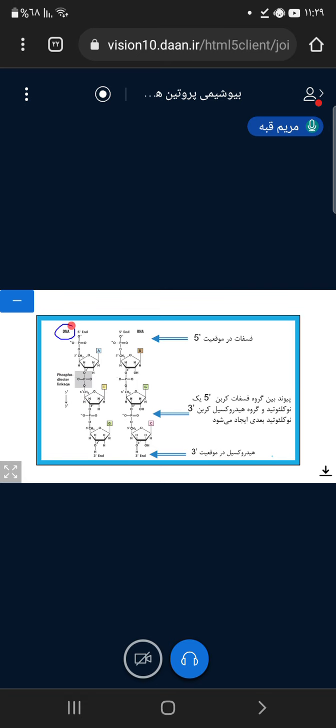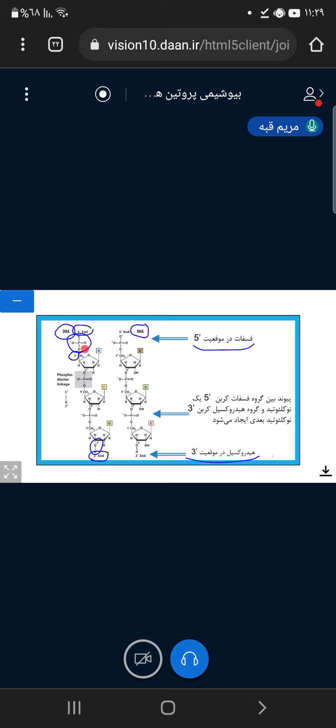در DNA و RNA همیشه یک سمت فسفات هست که در 5 پرایم قرار میگیره، پس میشه 5 پرایم اند، و یک سمت هیدروکسیل هست که به 3 پرایم وصله، پس این میشه 3 پرایم اند. پس همیشه هیدروکسیل در موقعیت 3 پرایم داریم در یک انتها و فسفات داریم در موقعیت 5 پرایم در یک انتها.